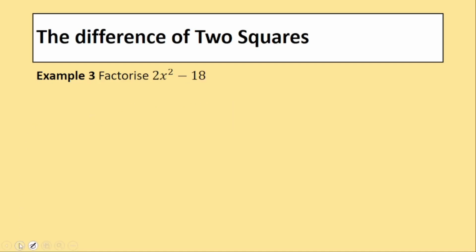Let's move to the next example. We're saying factorize 2x squared minus 18. 18 is not a square number.